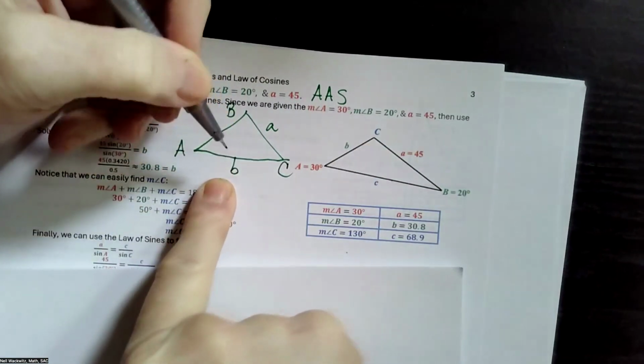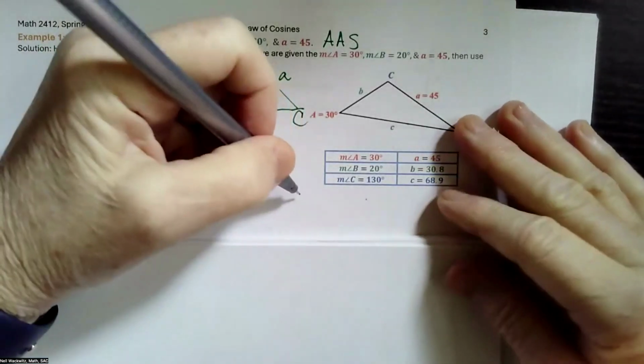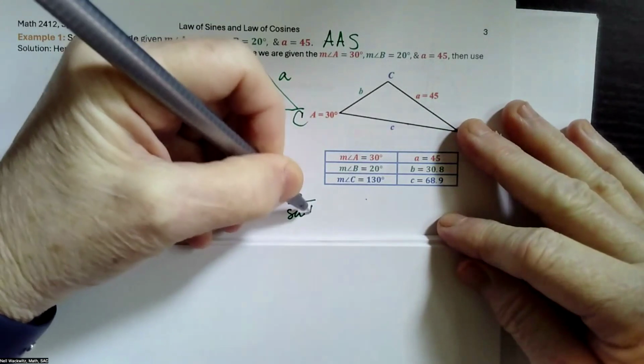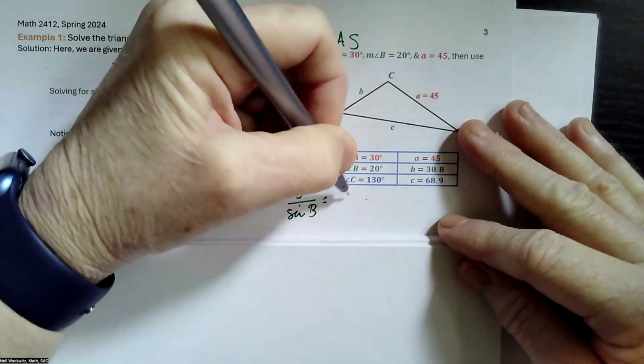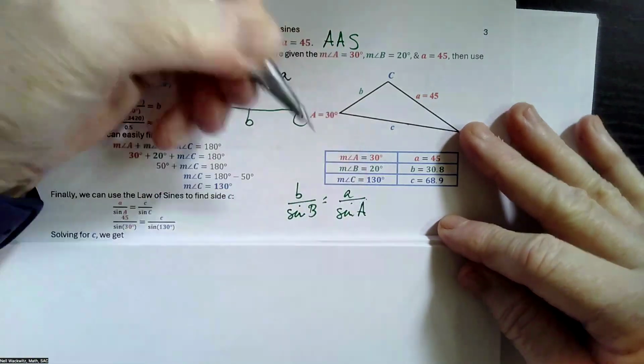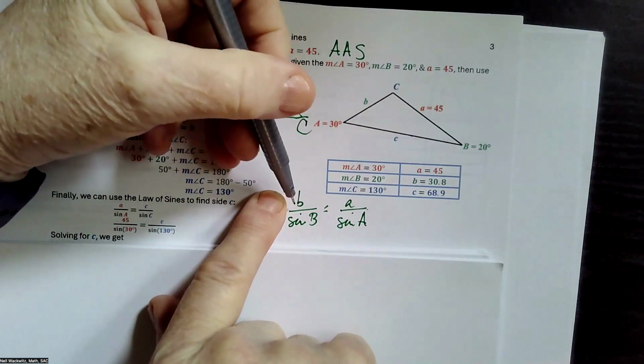Since we're looking for sides, we're going to put them on top. So I've got little b over sine B equals little a over sine A. And I want to find side b.